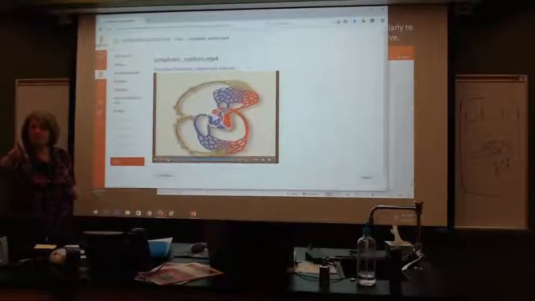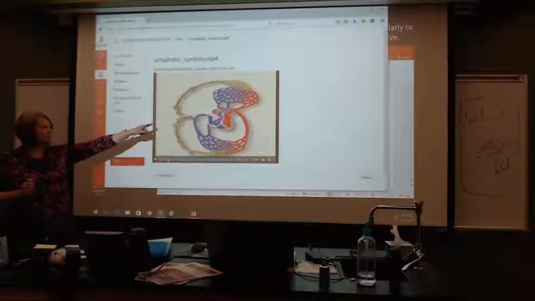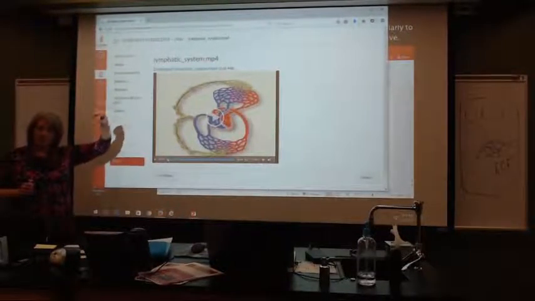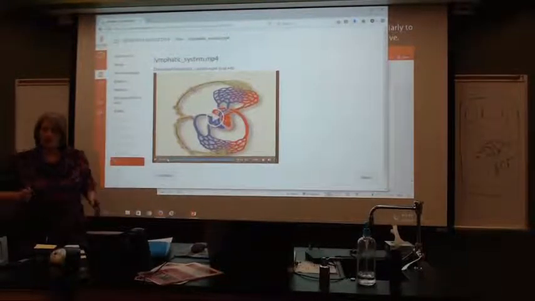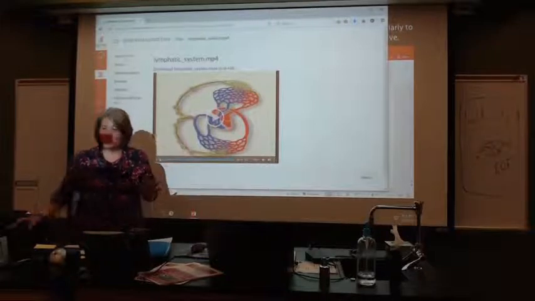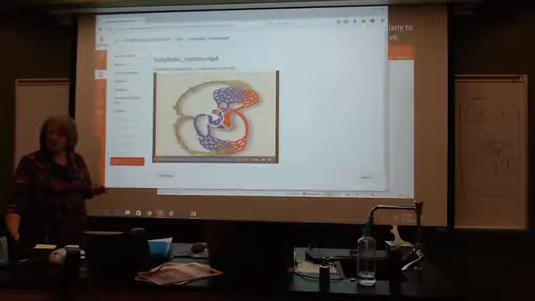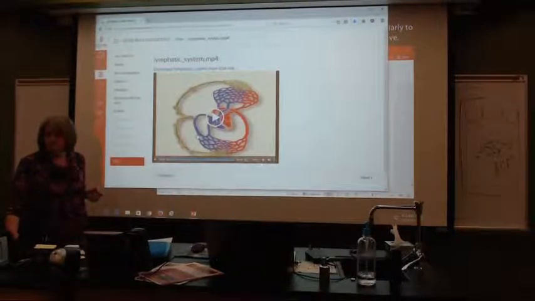It ends at a very big vein, the thoracic duct. So what does that tell me about where that lymph fluid goes back to? The right atrium. Goes back to my right atria.